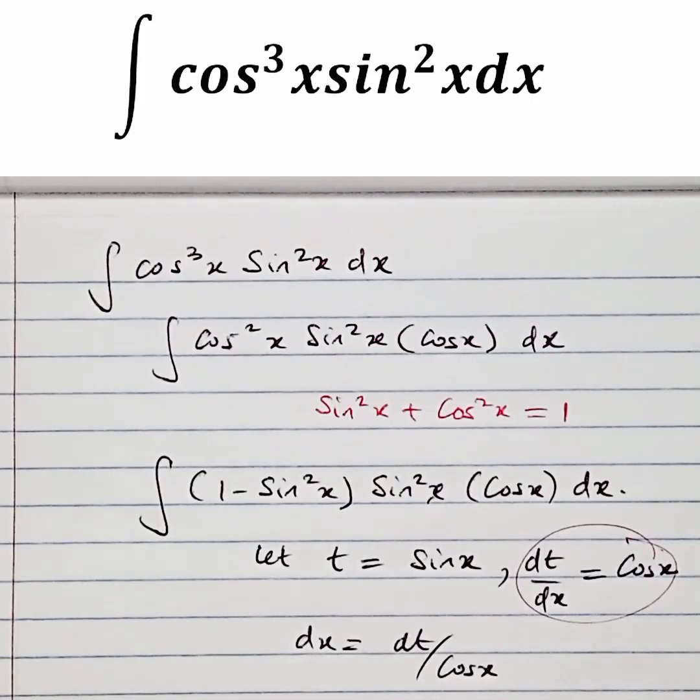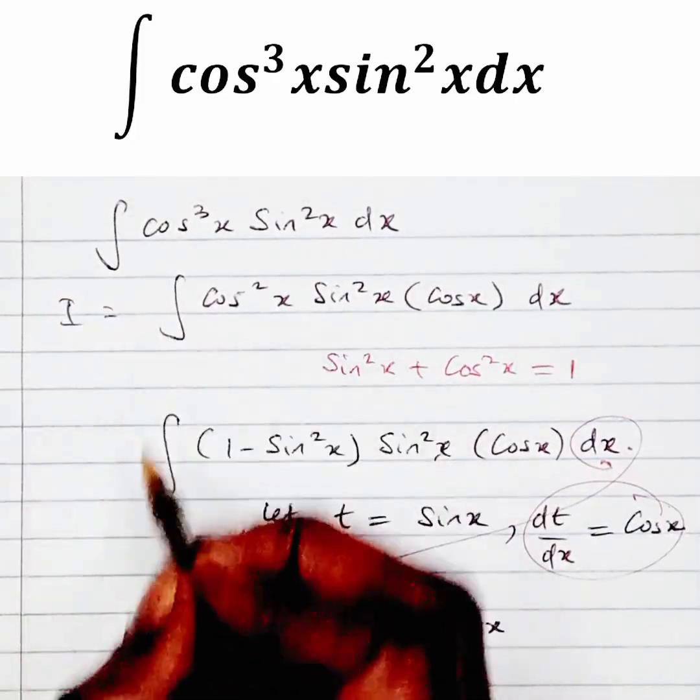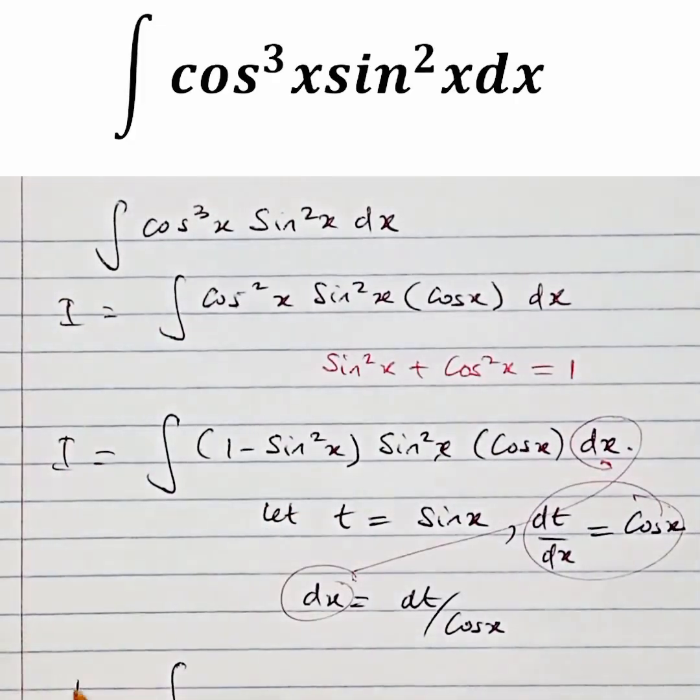And now we're going to put this dx that we have right here. Okay, so we are going to have the integral. I should have started by writing I is equal to the integral.